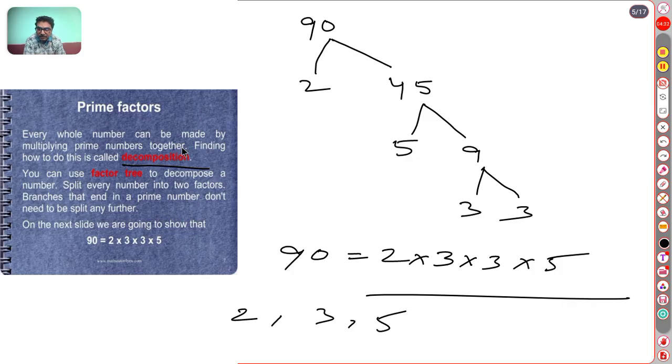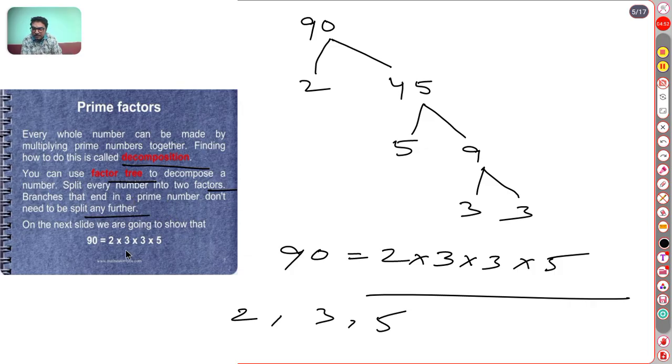Every whole number can be made by multiplying prime numbers together. Finding how to do this is called decomposition. You can use a factor tree to decompose a number. Split every number into two factors. Branches that end in a prime number don't need to be split.